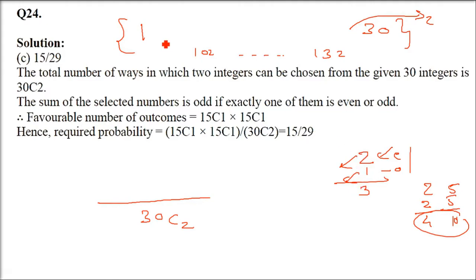So in order to get an odd, you have to have 1 even and 1 odd. So 15 are even in 1 to 30, so 15 odd, 15 even. So you're taking 1 from even and 1 from odd. So 15C1 multiplied by 15C1. 15 by 29 will come.